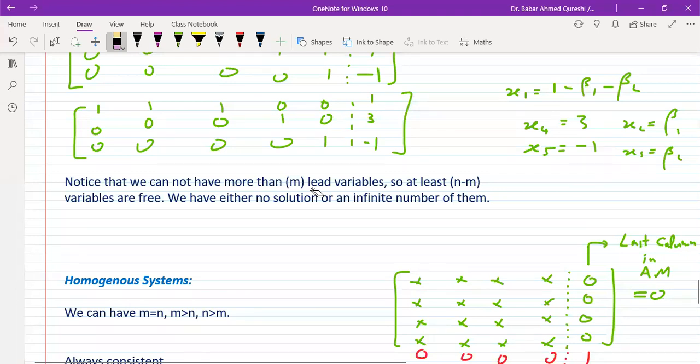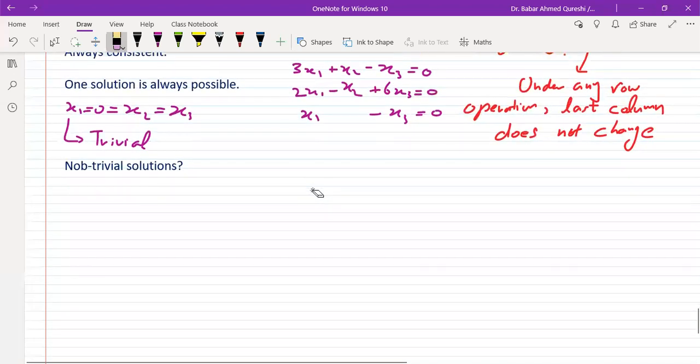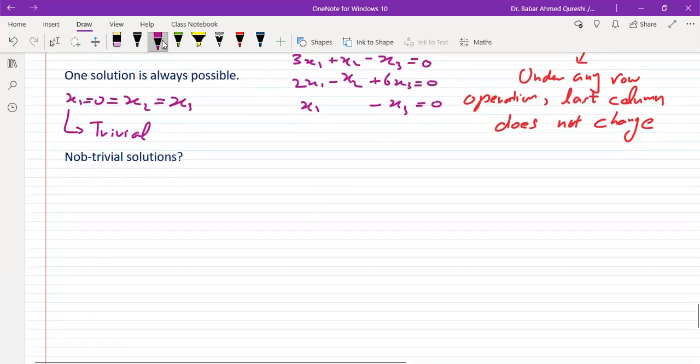If n is greater than m, then some of the variables are free. If they are free variables, you can give them any value. So you immediately have some non-trivial solutions over there. So many a times you do have non-trivial solutions, but one trivial solution is always possible.